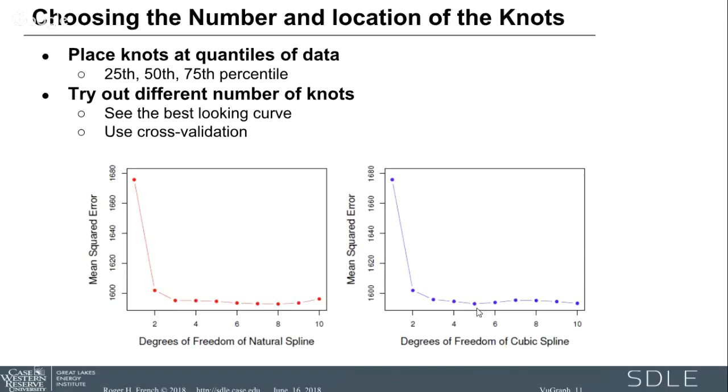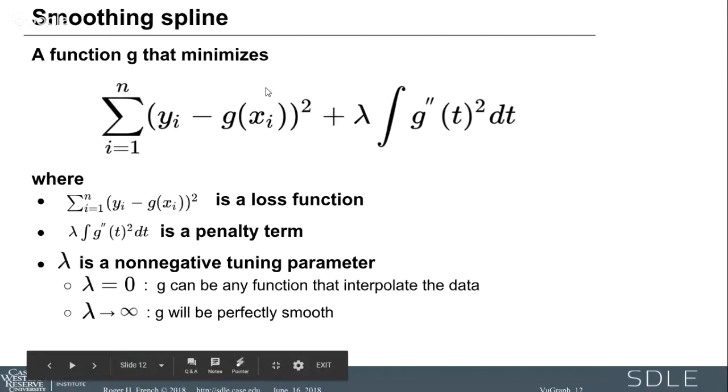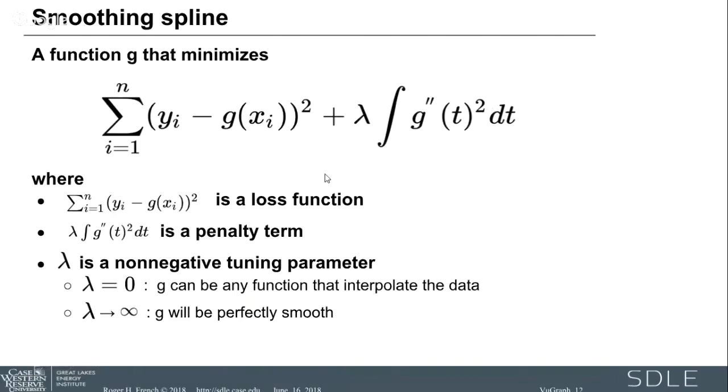The next thing is smoothing splines. A smoothing spline is a function that minimizes this whole equation. The first part is a loss function, and the second part is the penalty term.